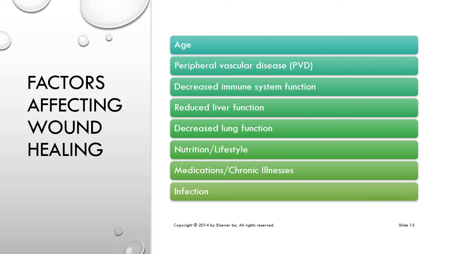All those could have a negative effect on the healing process. And of course, infection, that's going to slow things down quite a bit. We need to get the infection cleaned out, get some nice, good tissue so it can heal properly.